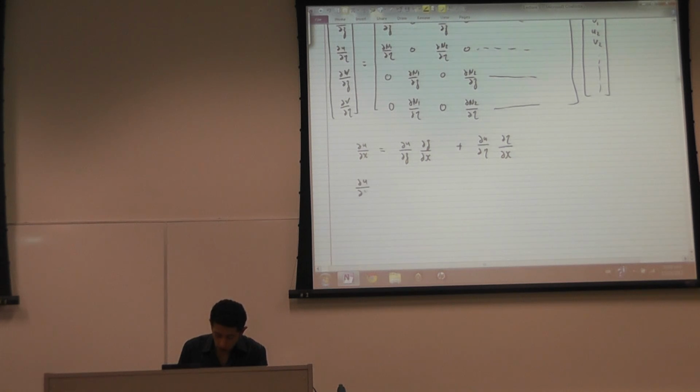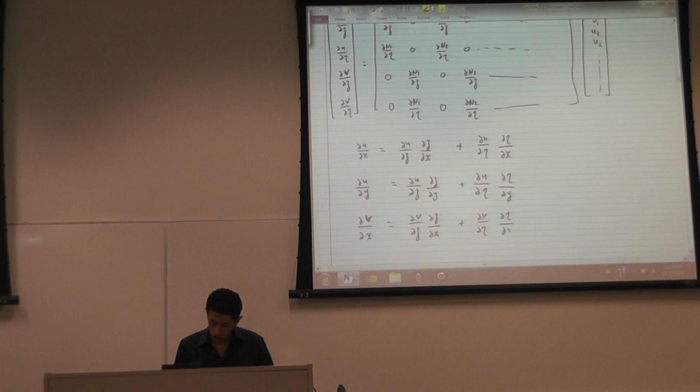Partial u by partial y will be equal to partial u by partial xi by partial y plus partial u by partial eta by partial y. Partial v by partial x will be equal to partial v by partial xi by partial x plus partial v by partial eta by partial x.